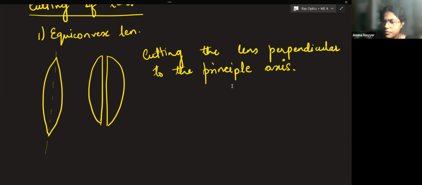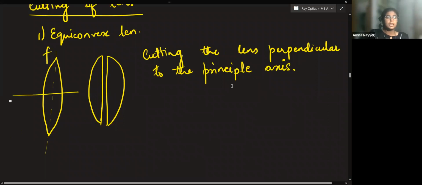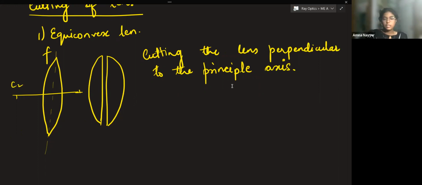Now what will be the difference in the focus? See, earlier the focus was this. This was the case. And class, questions are there from this part. Theoretical questions are there. The diagram will be given to you, and the cut will be shown like this.